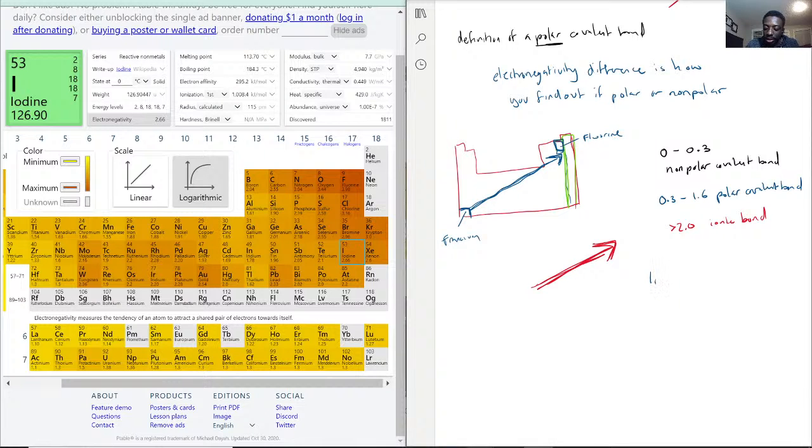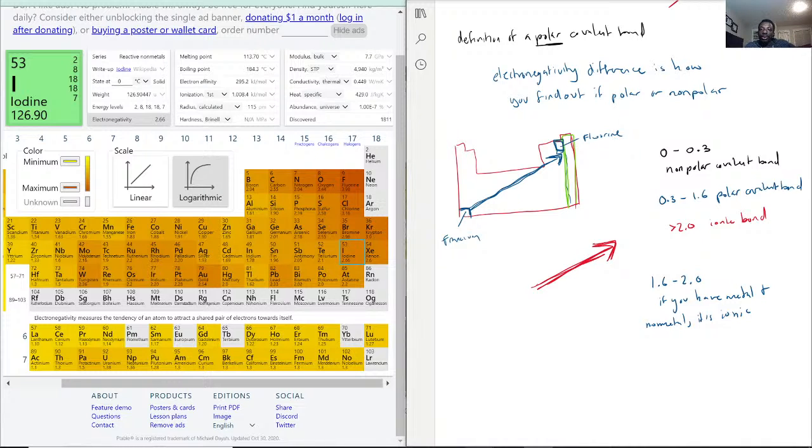So it's not a rule set in stone, even for the 2.0. Pretty much, if you have a metal and non-metal, it's ionic. As we discussed, an ionic bond is metal and non-metal bonded together.